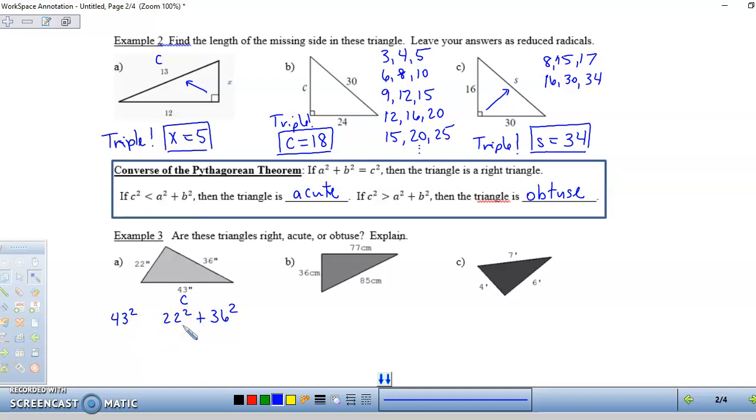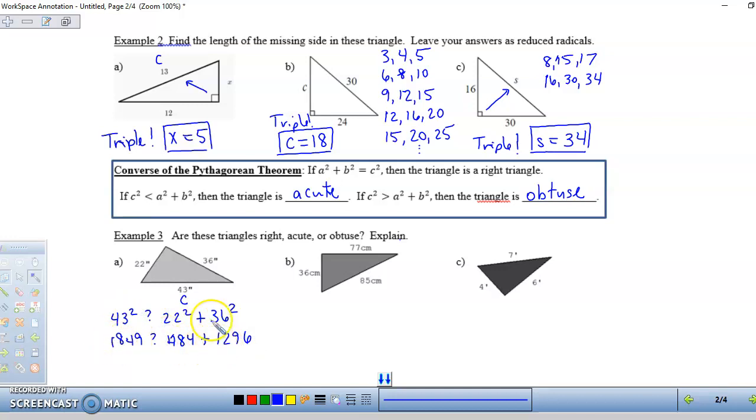So 43 times 43, or 43 squared, is 1849. 22 squared is 484. And 36 squared is 1296. Okay, so we're trying to figure out how these are related.